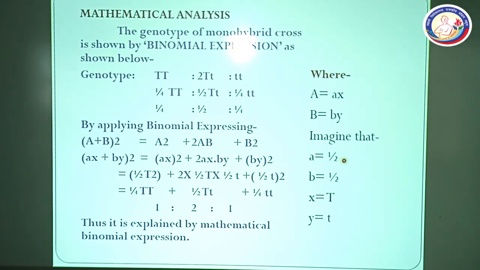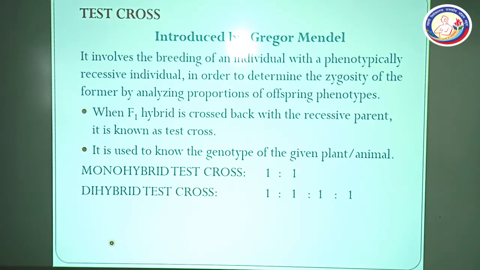Here small a is half, small b is half, x equals capital T, y equals small t. Then again we will receive the above equation: 1/4 TT, 1/2 Tt, 1/4 tt. And the final genotypic ratio will be 1 is to 2 is to 1. Thus it is explained by mathematical binomial expression.